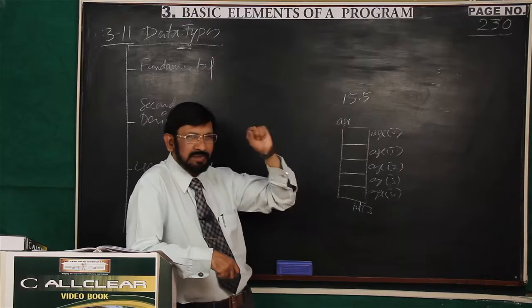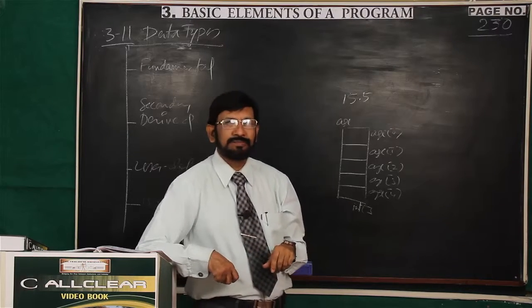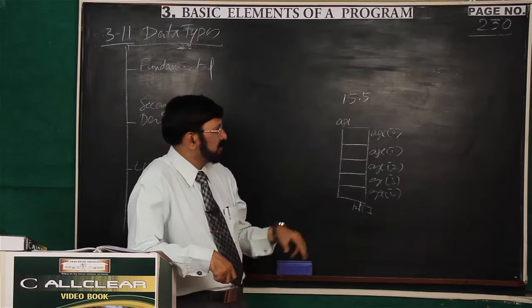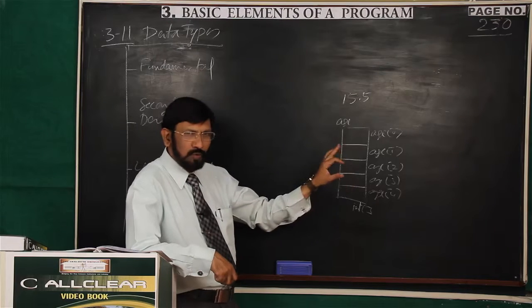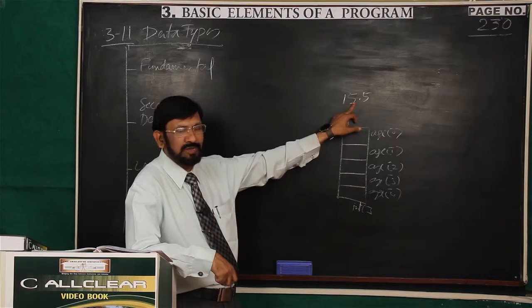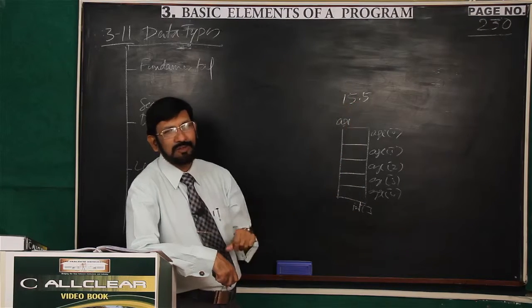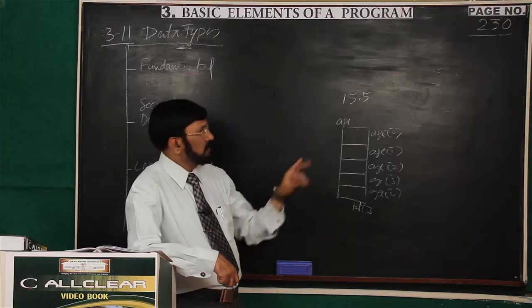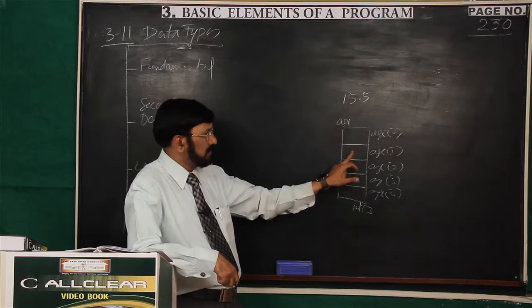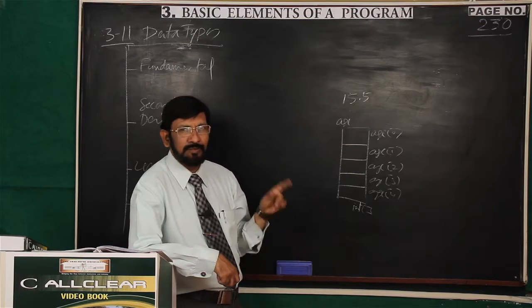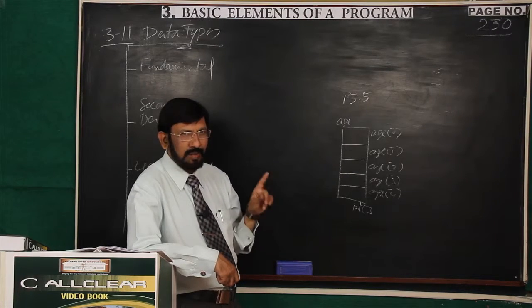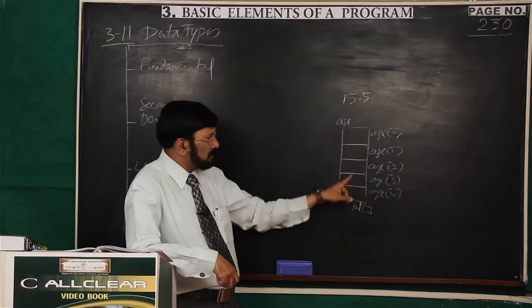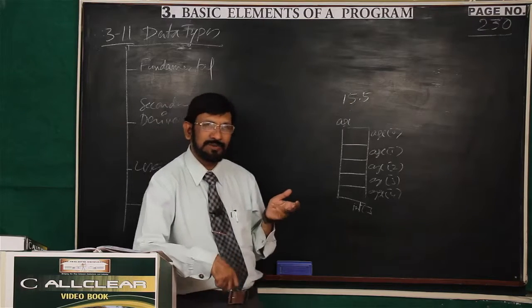One student's age is exactly 15.5. But you cannot store it here because you can store only integer values. You cannot make it 16 also. So you must make it 15. 15 means he is not eligible. 15.5 means he is eligible. But you cannot store this. That is the basic limitation.